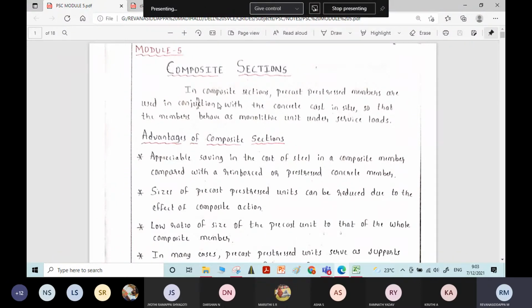Before starting the discussion, let me tell the course outcome of this model.